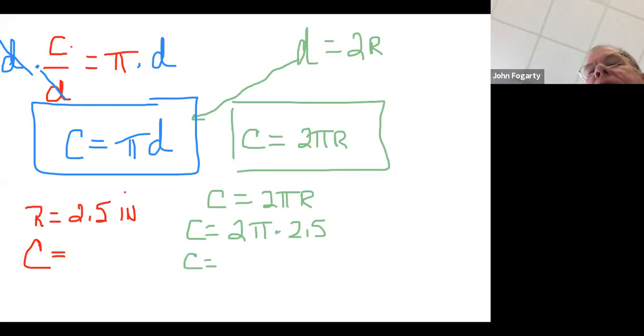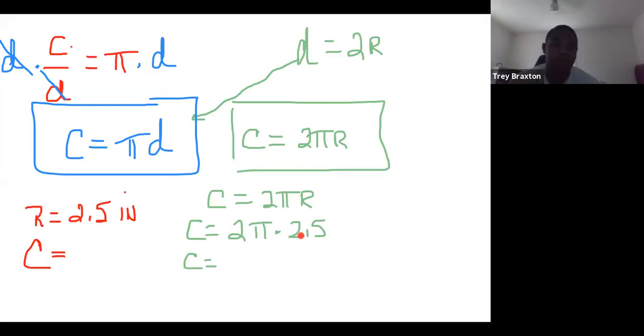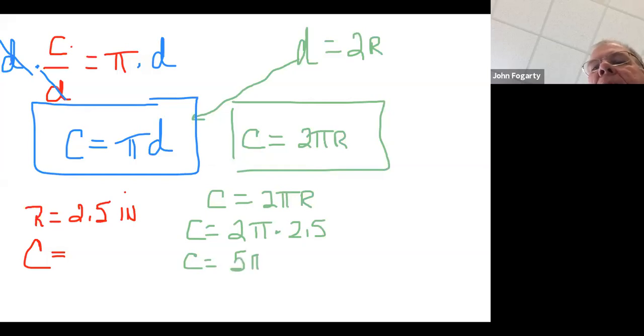What's 2 times 2.5? If you had $2.50 and doubled it, how much money would you have? 5. So the circumference is 5 pi.